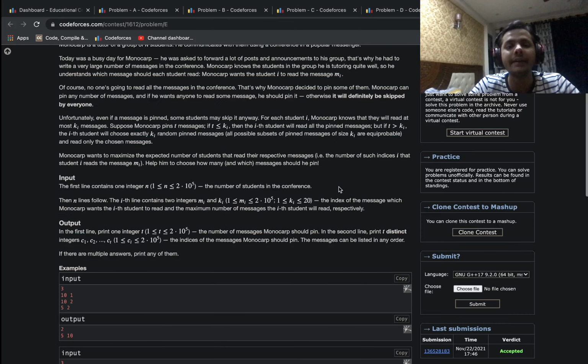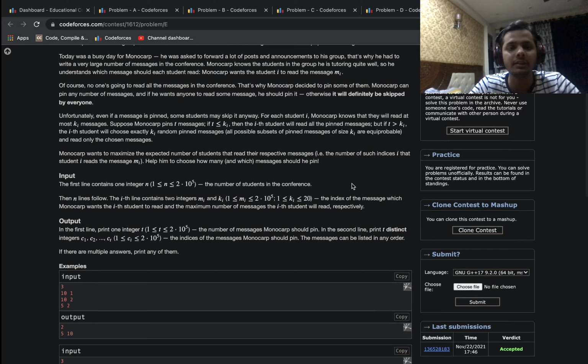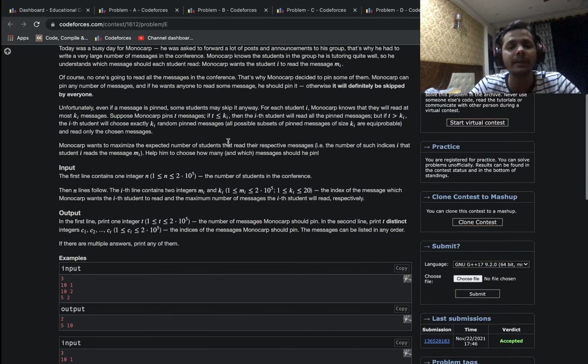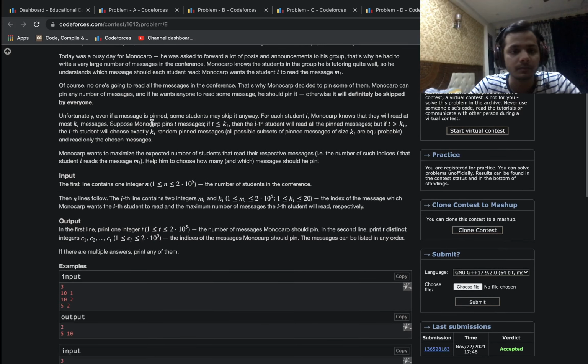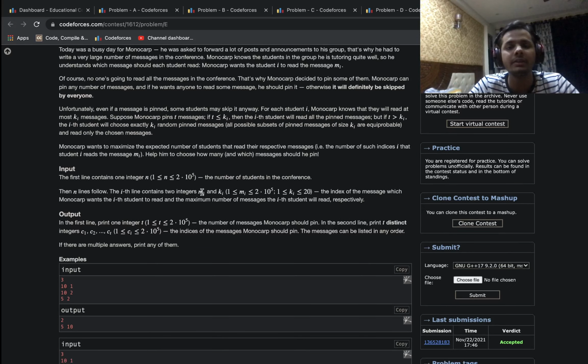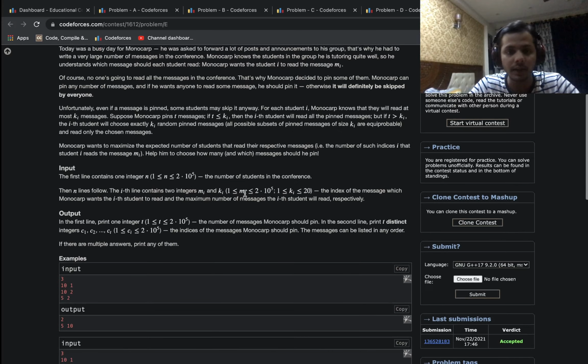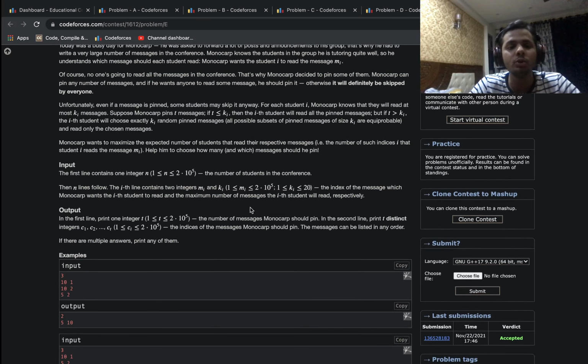I need to choose a subset of messages such that the expected number, as you can see here, of students who read their designated messages is maximized. So Monocarp wants to maximize the expected number of students who read their designated messages, right? For the ith student, the m_ith message is the designated message.